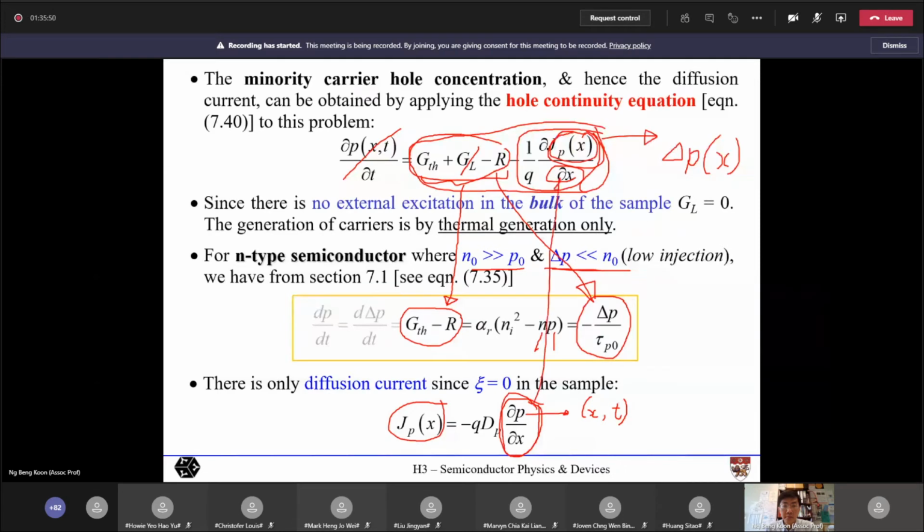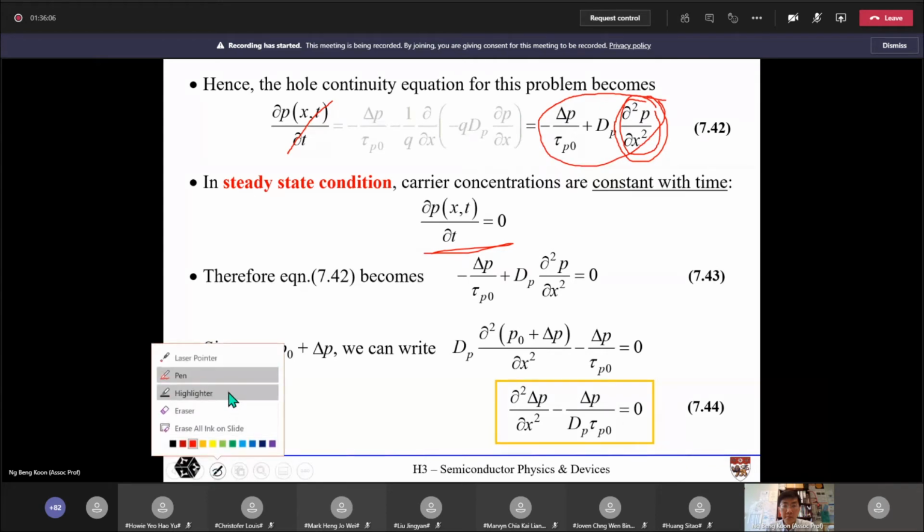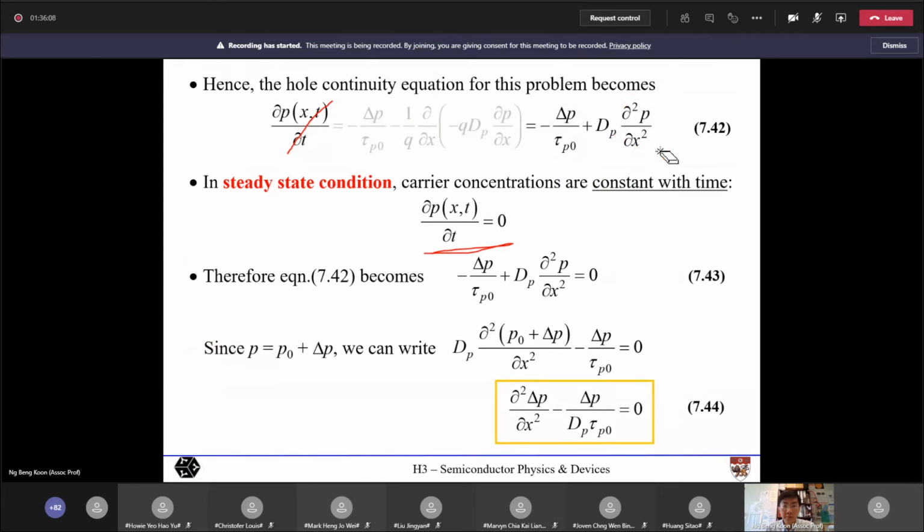So if you put this in, you get a second order partial derivative of concentration, which is why we get del squared p over del x squared. It's a second order differential equation, which is this term here.